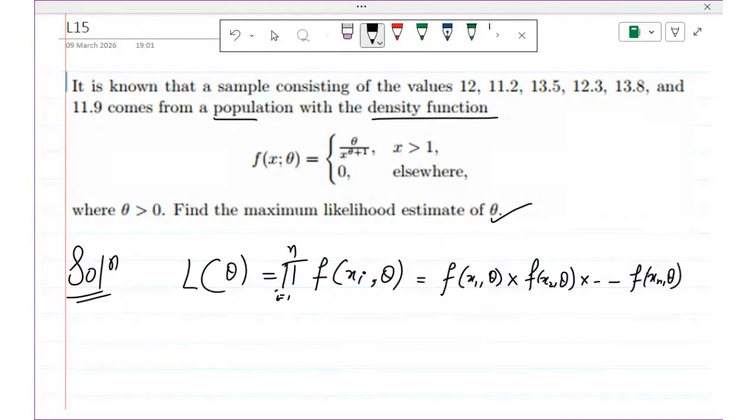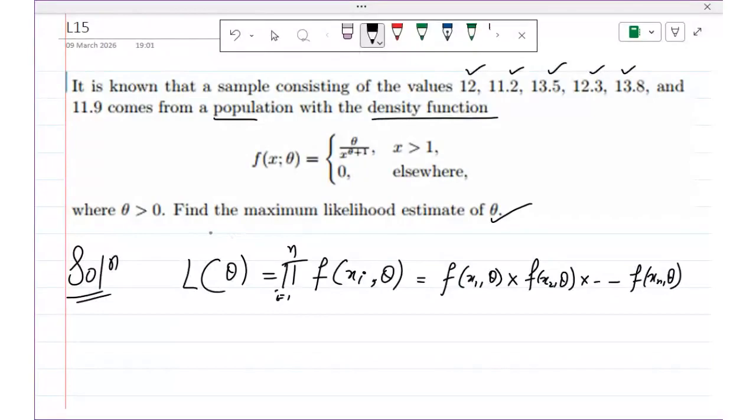Now this density function is given here, and we are also given the sample values 12, 11.2, 13.5, 12.3, 13.8, and 11.9.